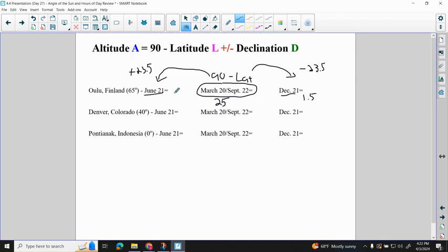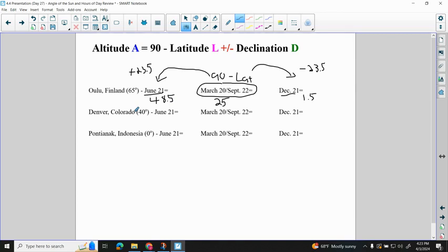When I come from here to June, I'm adding 23.5 to 25. So I'm going to have 48.5.